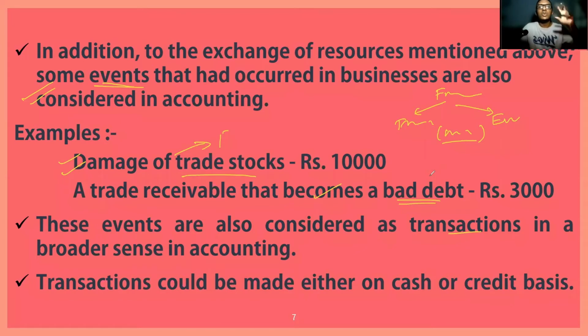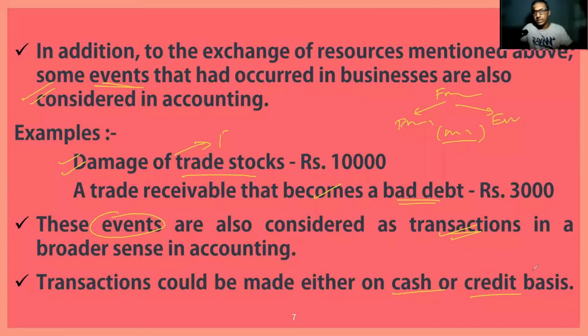But in the broader way, those events are also considered as transactions, right? So transactions could be made either on cash or credit. That's obvious. සල්ලි වලට වෙන්න පුළුවන් මුදලින්. එහෙම නැත්නම් credit basis means ණයට, right? All right, let's move to the other part.